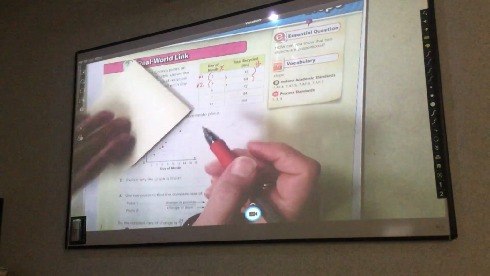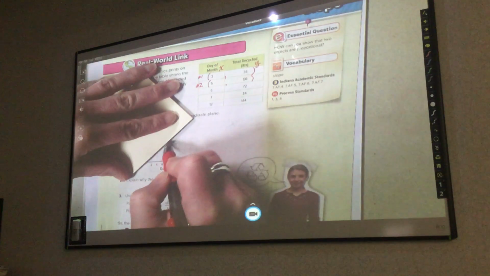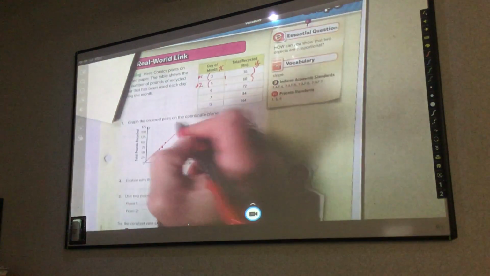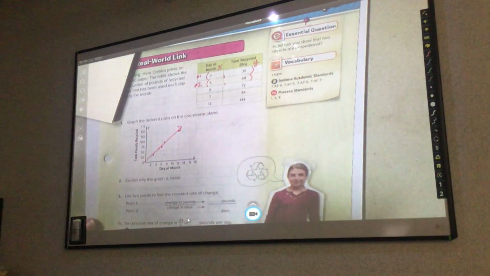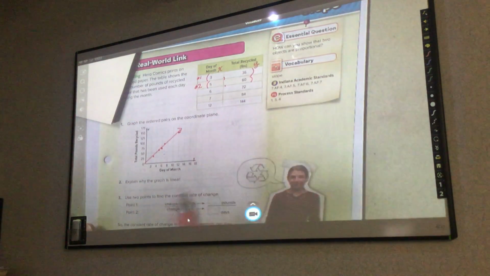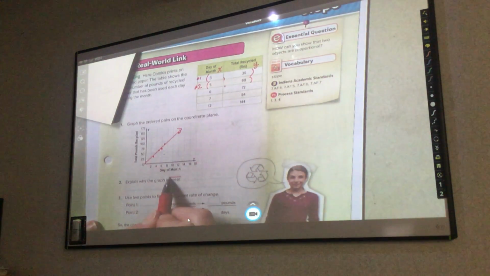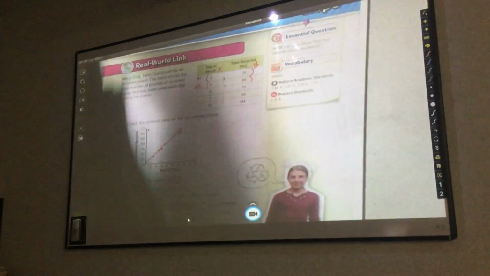Get your straight line. And you got a straight line, correct? I know my dot wasn't very good there. But it is a straight line. But this is the word that you need, linear. Linear means a straight line.